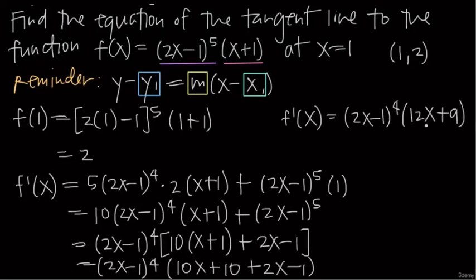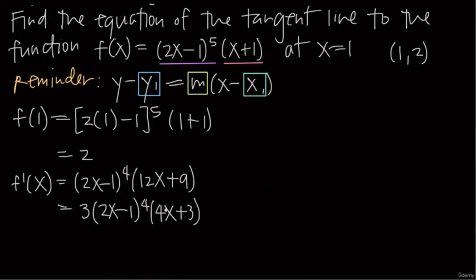Now to simplify further, we can factor a 3 out of the 12x plus 9. So we'll pull that 3 out in front, and we'll say 3 times 2x minus 1 raised to the fourth power times 4x plus 3. And now we've simplified the derivative function as much as possible. We didn't need to do that technically, but it just makes our final answer a little bit cleaner. So this is our derivative function.